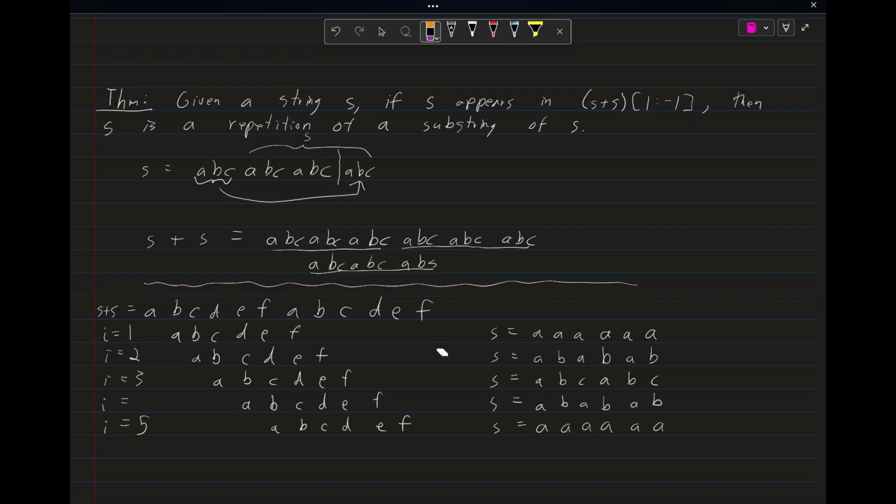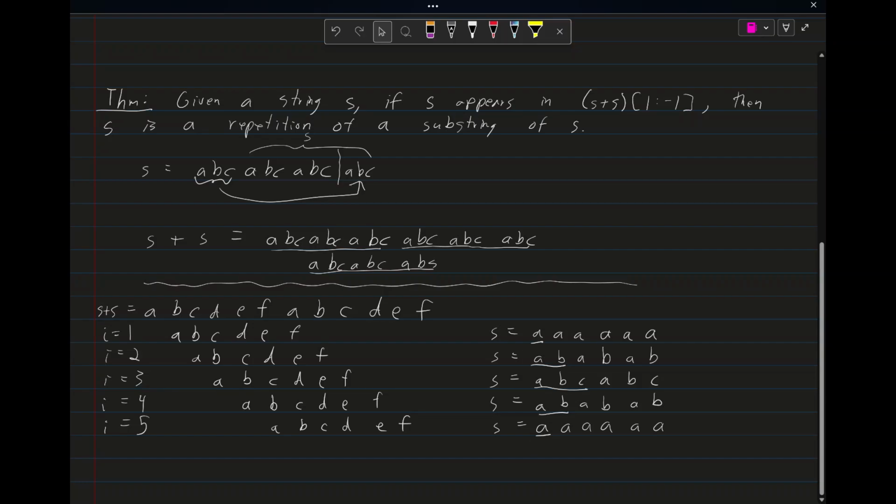And then what are these numbers over here? So here we have all A's. If we look at the repeated string, we have A, we have AB, we have ABC, we have AB, and then we have A. So ABC is a sequence of length 3, and that's what I is equal to.